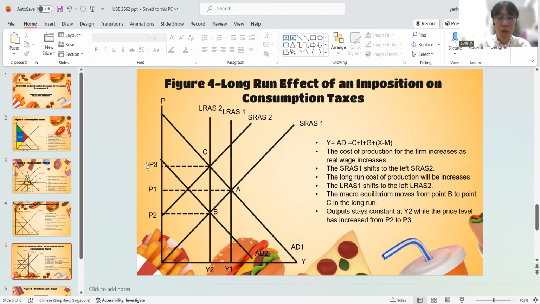This shifts AS1 to the left to AS2, as workers negotiate for a higher wage to offset the burden of consumption taxes on a permanent basis, the long-run cost of production increases. The macro equilibrium moves from point B to point C in the long run. Output stays constant at Y2, while the price level has increased from P2 to P3.